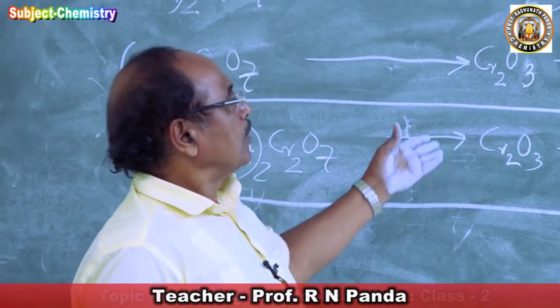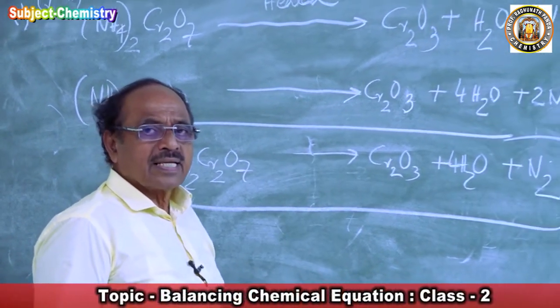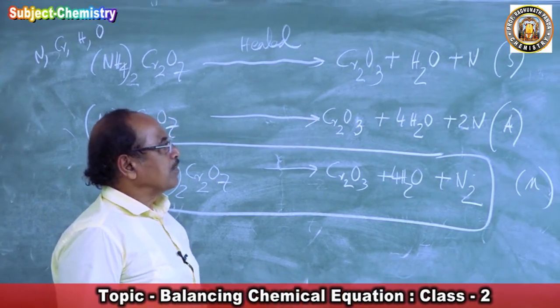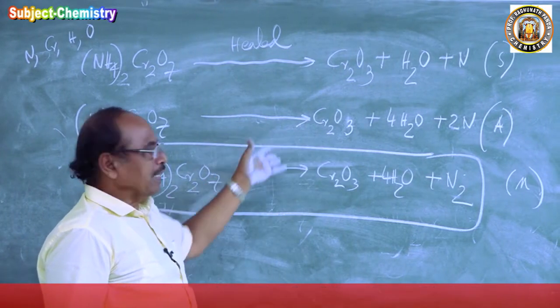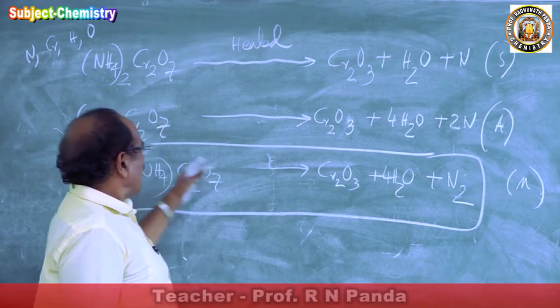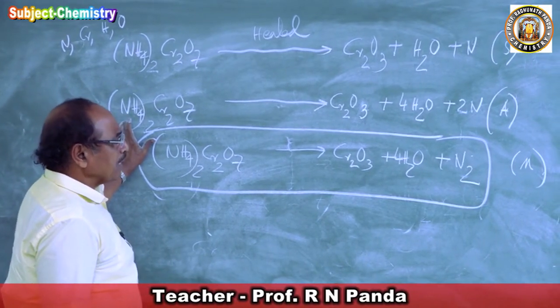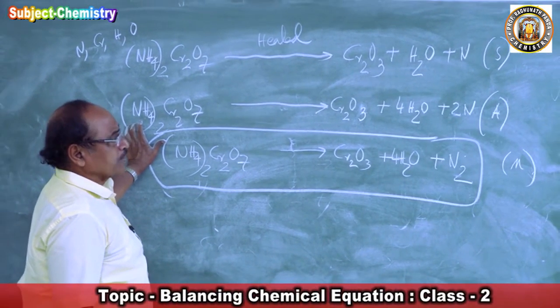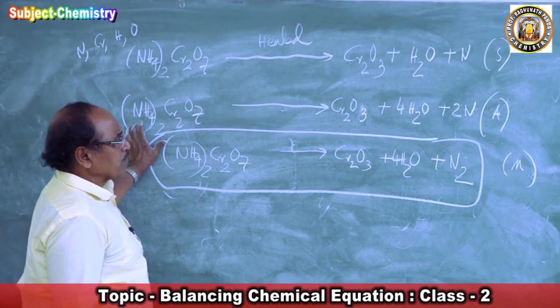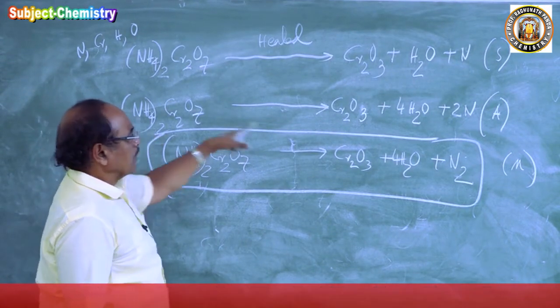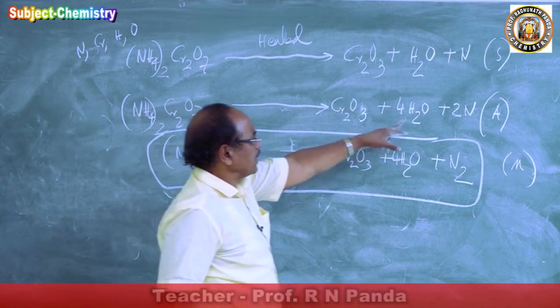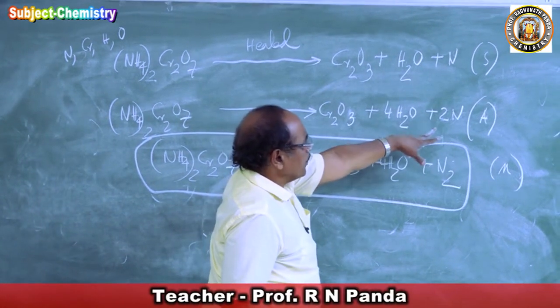Then nitrogen will remain as nitrogen, and we write it in atomic form. Then we will make it molecular. Here we balance the rare. So who is the rare here? Our rare is the nitrogen, because oxygen is repeating. Who is not repeating?